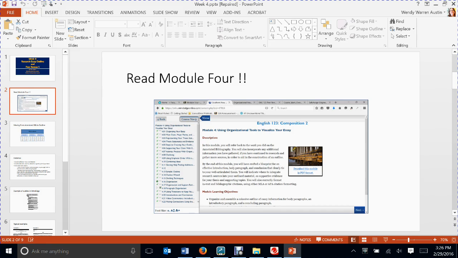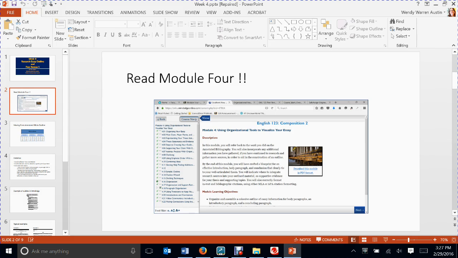But make sure you read all these things, and there's some critical points in there that are useful for you to remember, including the idea of different ways to organize your ideas, whether it's from problem to solution, cause to effect, break something down into parts, sort of an analytical approach, or a chronological approach, or something like that.